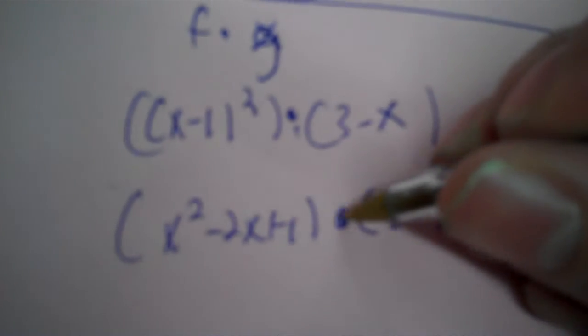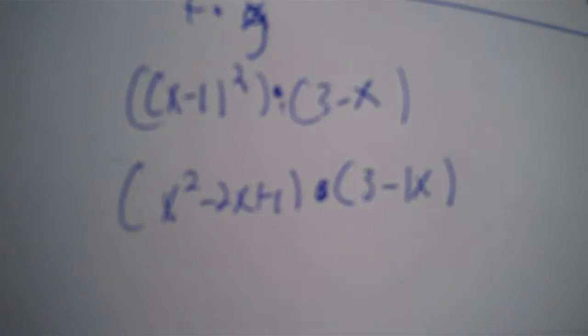Now, when you multiply, you basically distribute like crazy. You don't combine like terms like you do on the plus and minus. Put a 1 there if you want. So it'd be 1x to the second power times 3. 1x to the second power times negative 1x. Negative 2x times 3. Negative 2x times negative 1x.